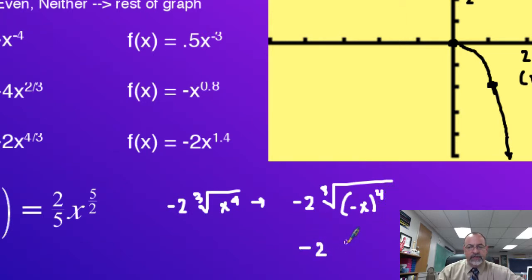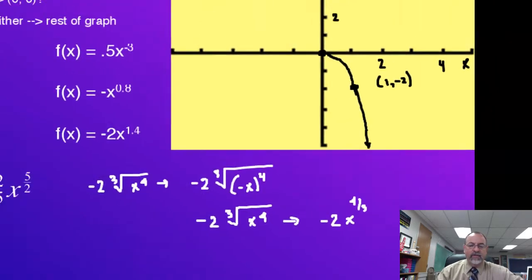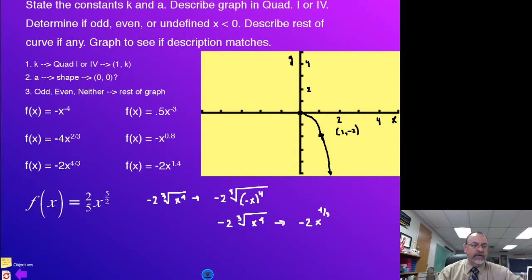That's going to be negative 2 cube root of negative x to the 4th power, which just ends up being x to the 4th. If I rewrite that in its fractional form again, I have 4/3. So I end up with the exact same function that I began with when I substitute in negative x. Therefore, the function is even, which means it's a reflection over the y-axis.